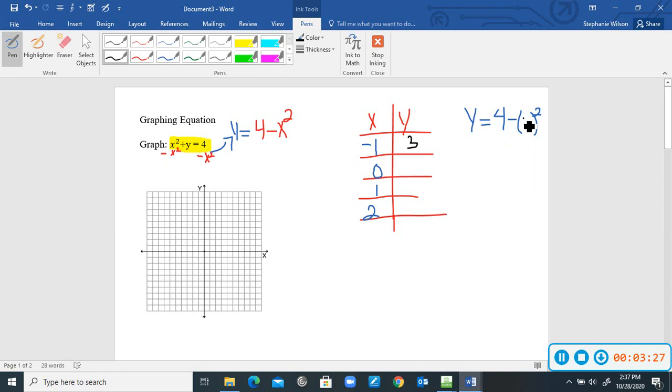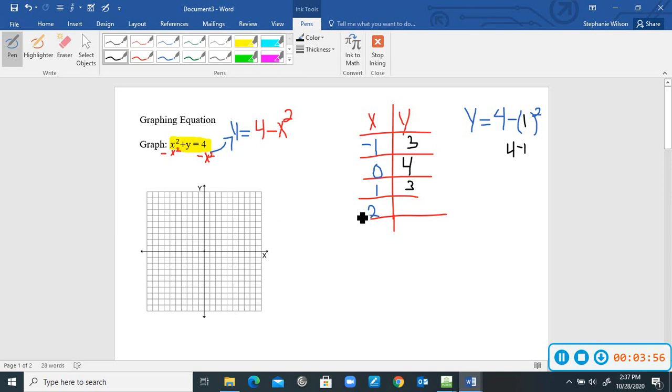Well, if I plug 0 in for x, 0 squared is 0, 4 minus 0 is just 4. So I know that order pair. So now let's go back and plug in 1. 1 squared is just 1. That gives me 4 minus 1, which is 3 again. You see what happened? We got a point on both sides of this order pair here, so let's plot it.